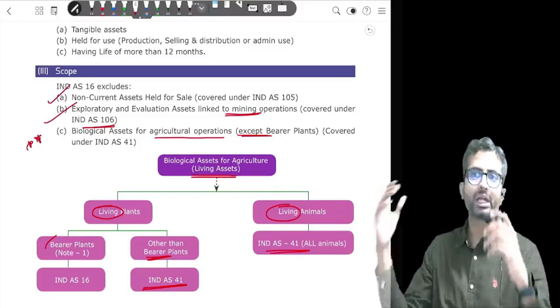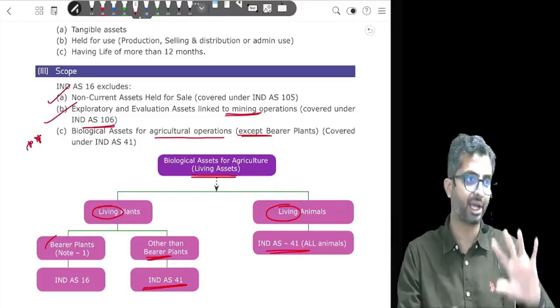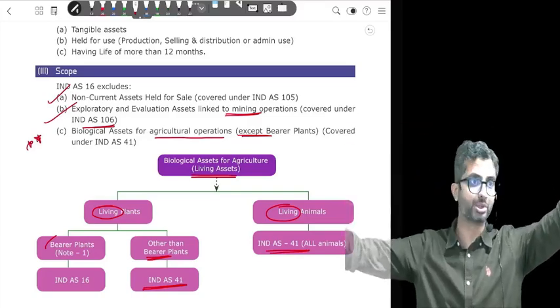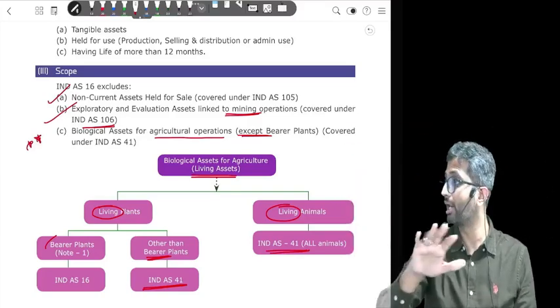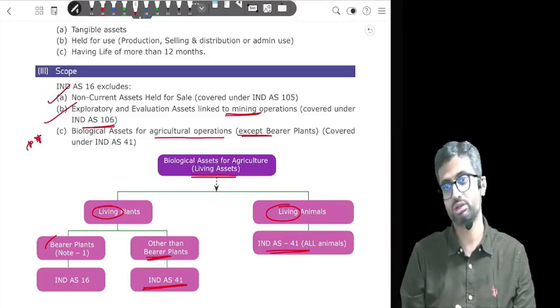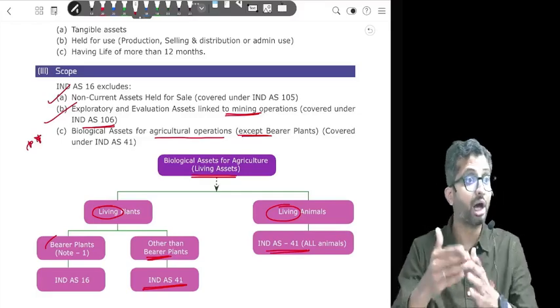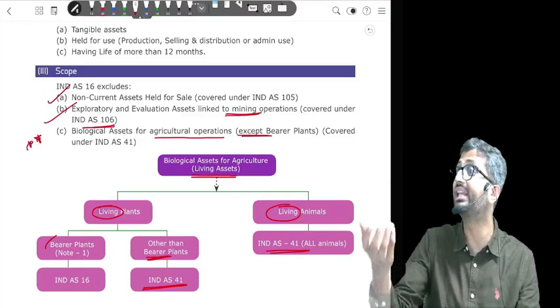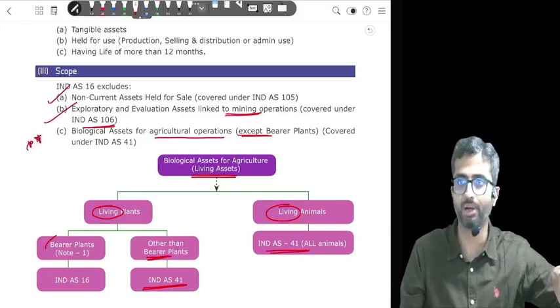Yes? Okay. So a quick recap on biological, on living assets. So first of all, you have living assets. Living assets can include human resources. Are human resources covered under any standard? What is the reason for that? Does not have control. Second, other assets. That is living animals and living plants. Within living animals, bearer plants.